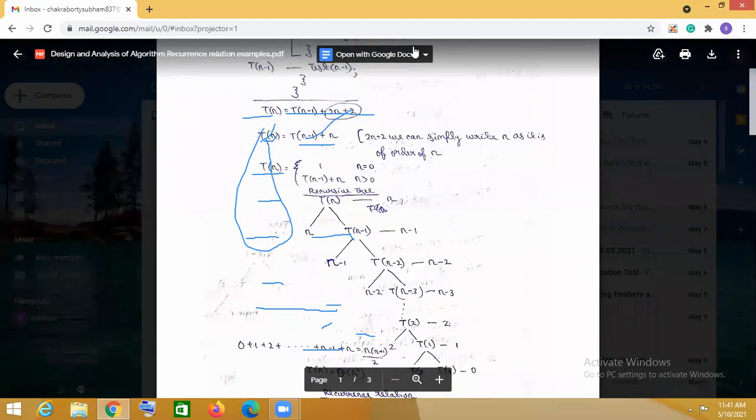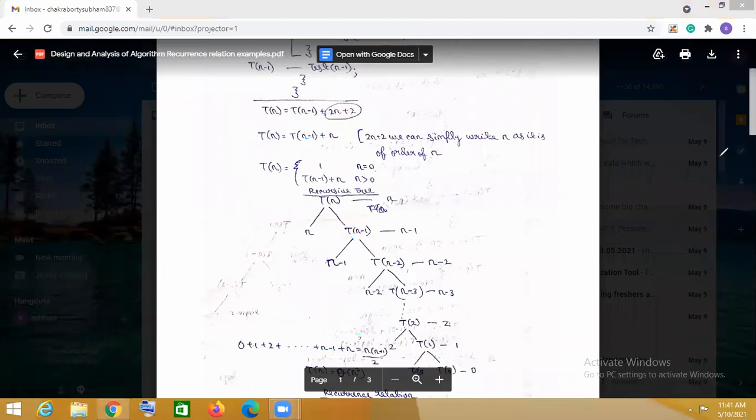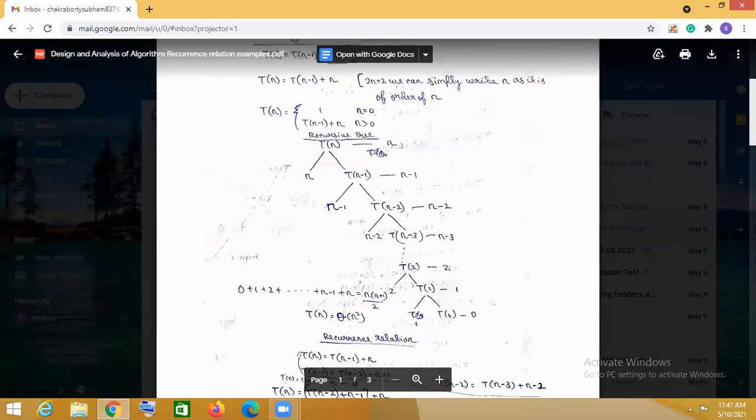Now, after creating the recurrence relation, what will we do? As a first step, we'll find it with a recursion tree. In this recursion tree, if it takes the value n, then the loop will be executed n times, and then it will call the function Tn minus 1.